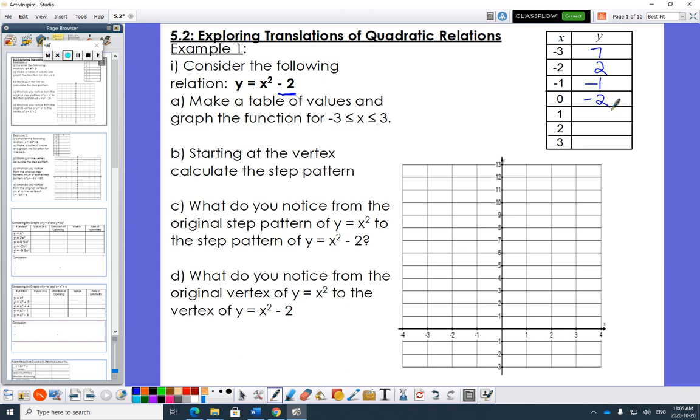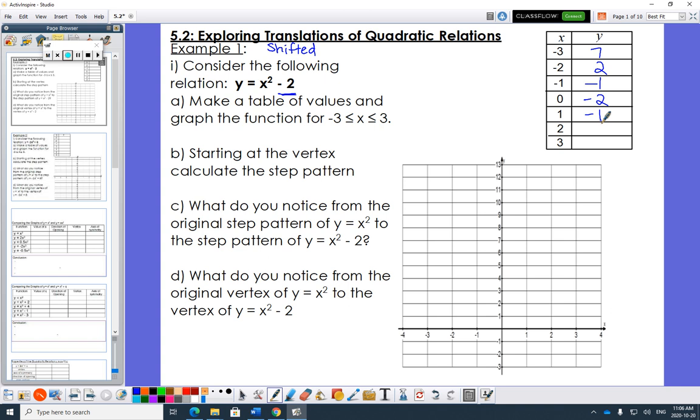So now our parabola, the vertex is not going to be 0, 0. So we have translated, or shifted, sometimes it's called, our parabola. So 1 squared is 1 minus 2 is minus 1.